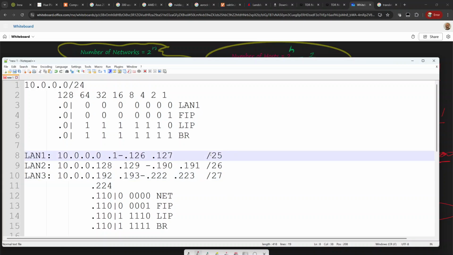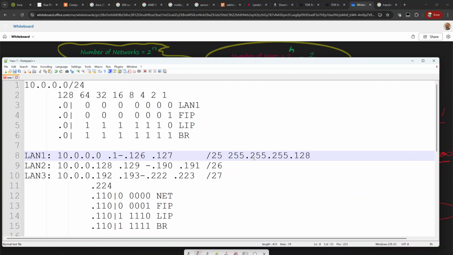And remember, for the exam, you need to master the slash notation to the decimal notation. That's very, very important.